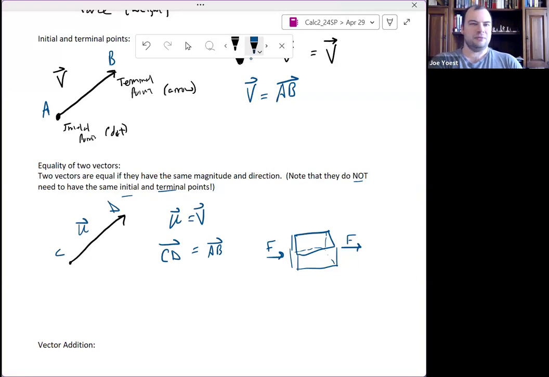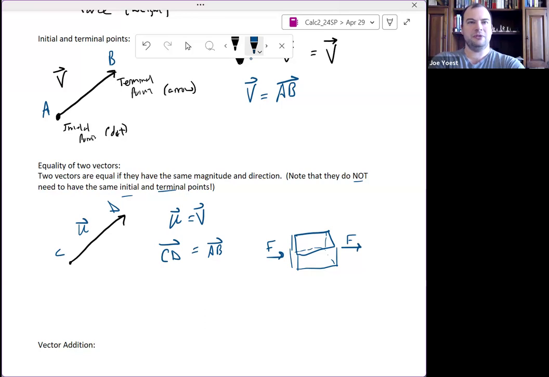And at least for our purposes here, that has the same effect on the box. Of course, if it's an actual box and it's hollow or something, and I'm pushing on it really hard versus pulling on it really hard, maybe that in a different model would have some different effects. But as far as just taking a rigid body and pushing it or pulling it and keeping it rigid, that has the same effect.